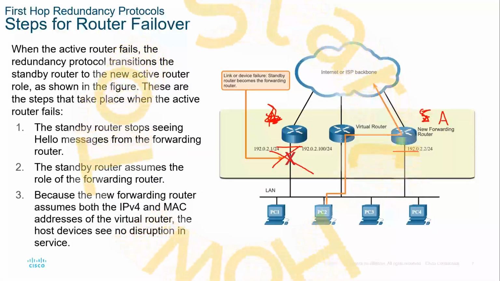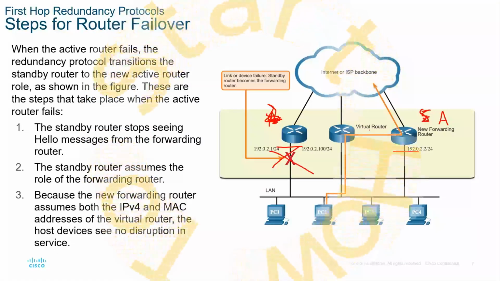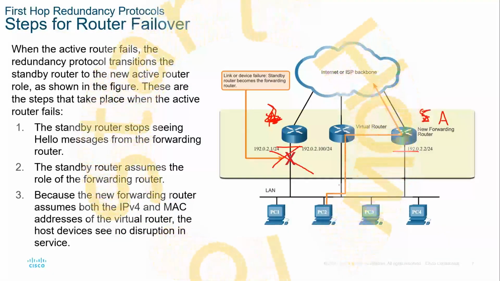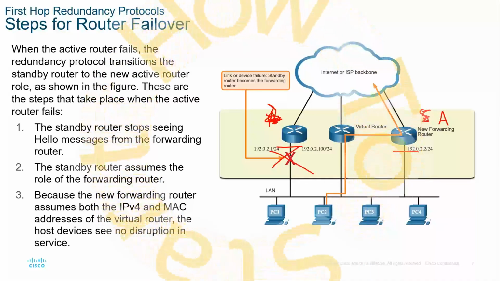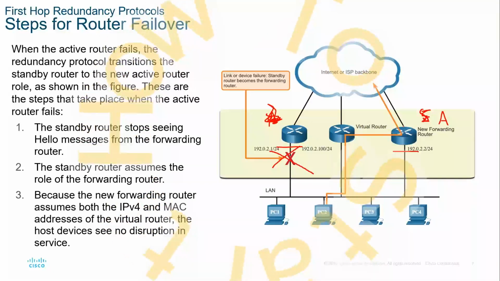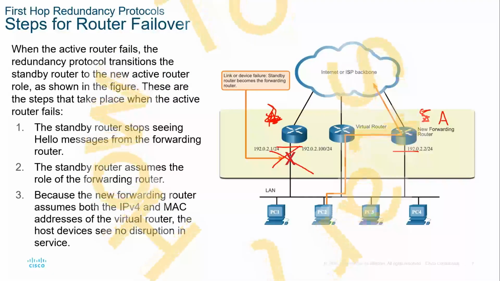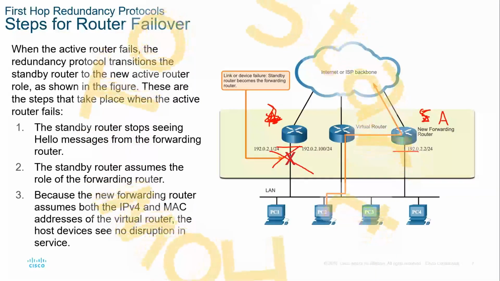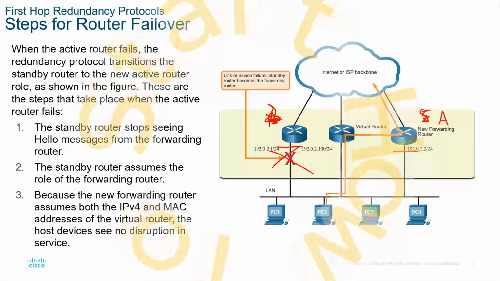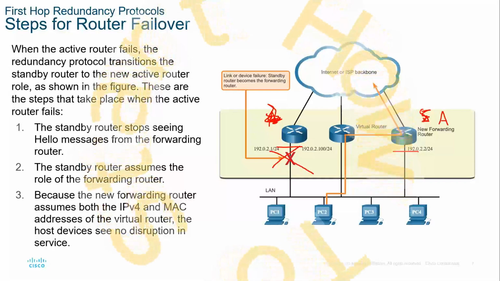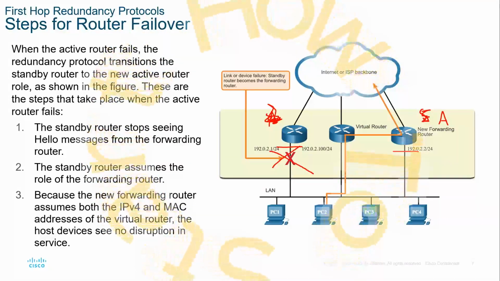That way, the virtual router that's acting as our default gateway will automatically go from the first router to the second router. So the standby router stops seeing the hello messages from the forwarding router, the active router. The standby router will assume the role of a forwarding router. It becomes the new active router.